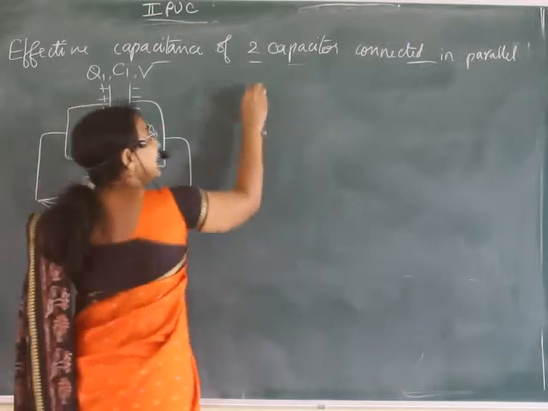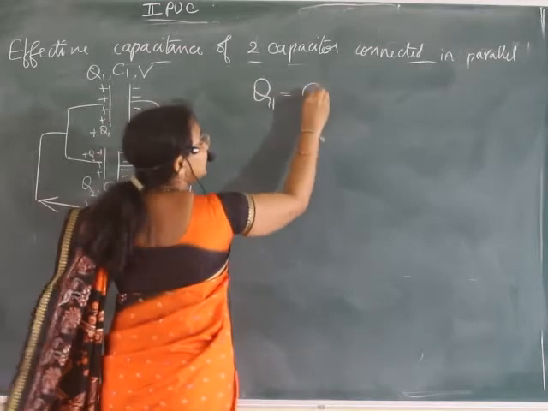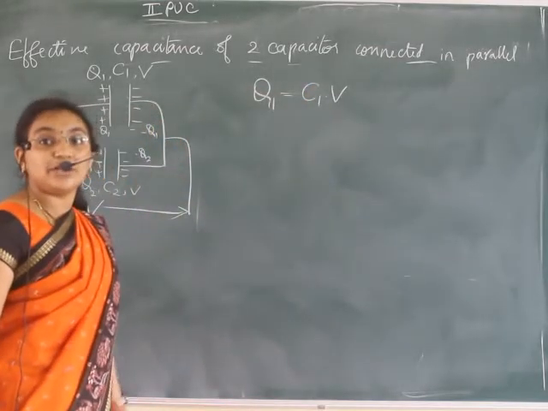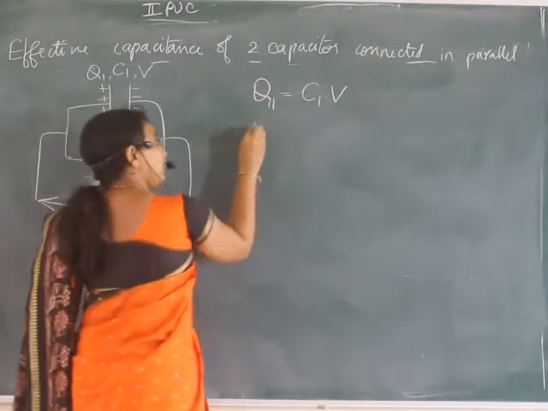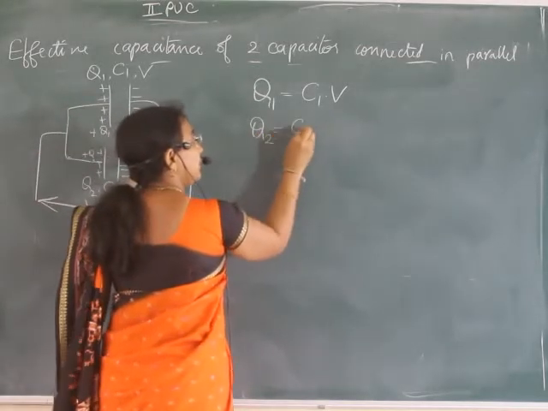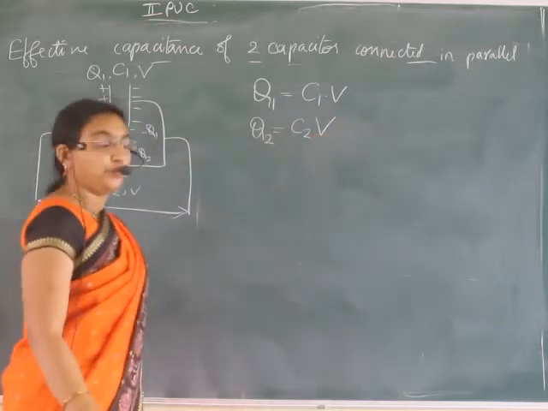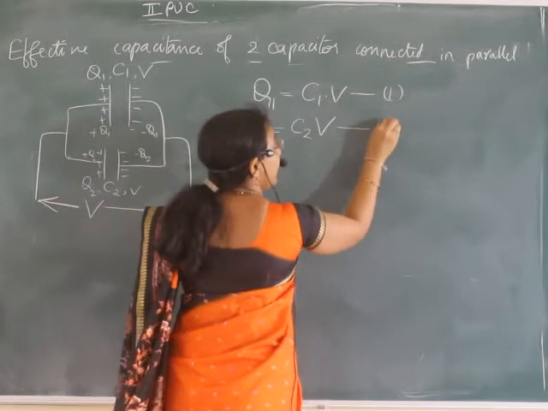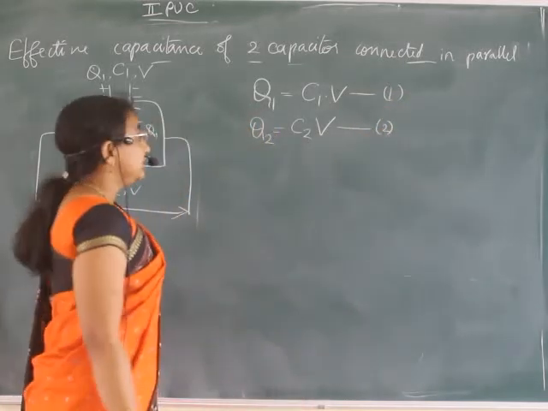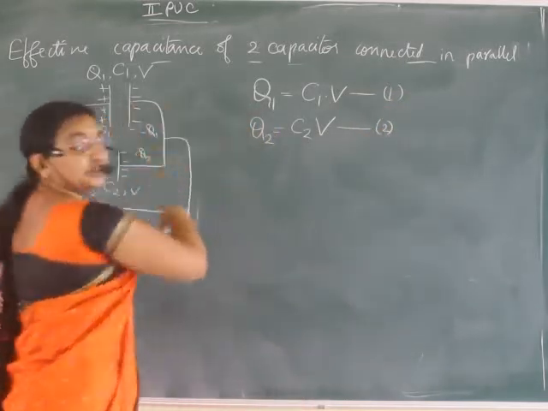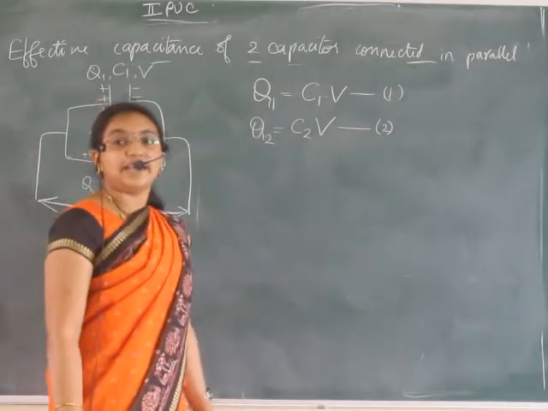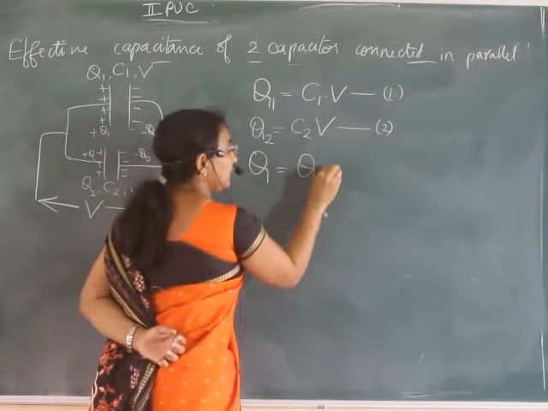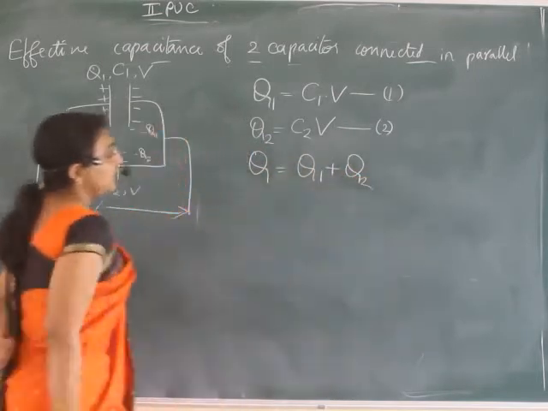So we can say Q1 is equal to C1 into V, because Q is equal to CV. And also Q2 is equal to C2 into V. Let us mark these as equations 1 and 2. Then the net charge stored across the combination of the capacitors is Q is equal to Q1 plus Q2.